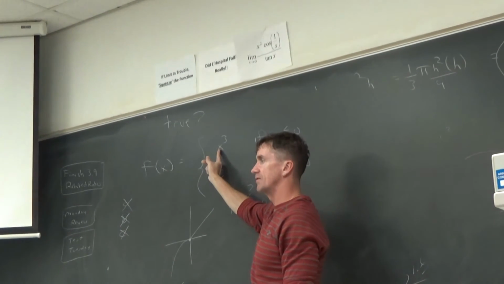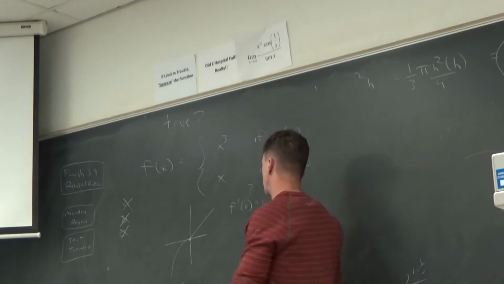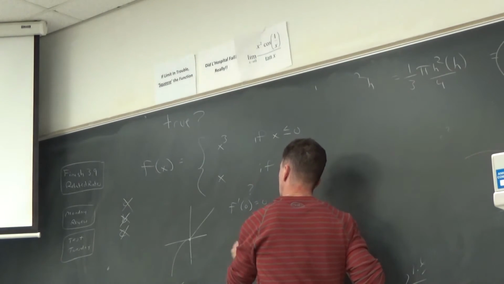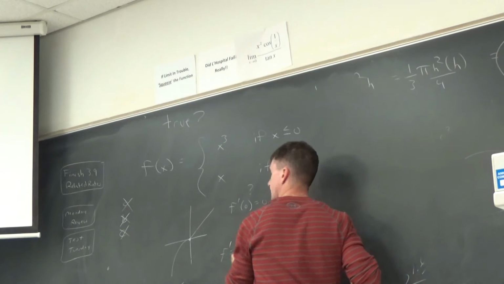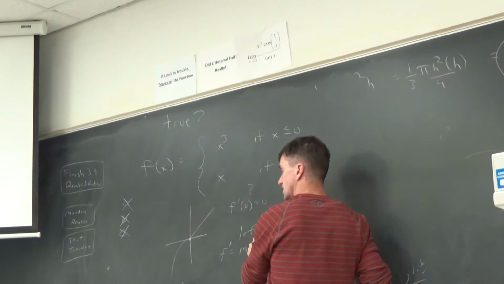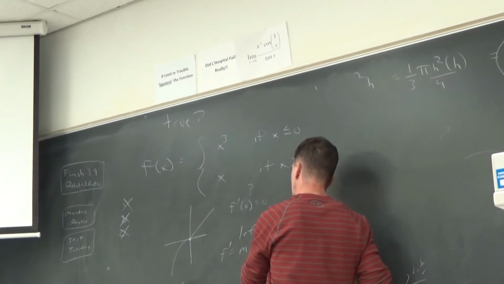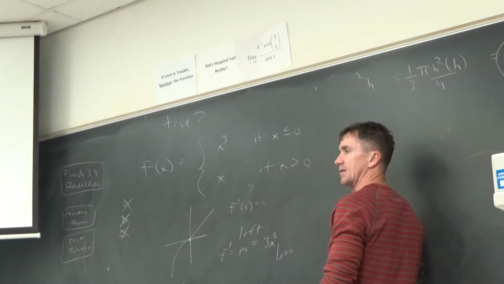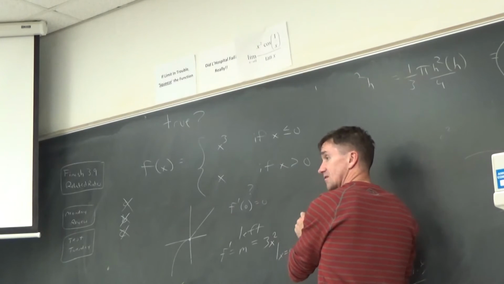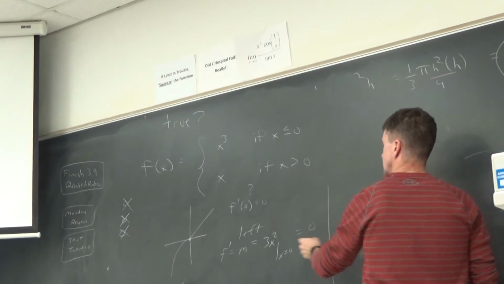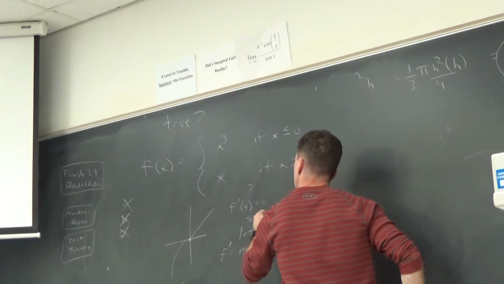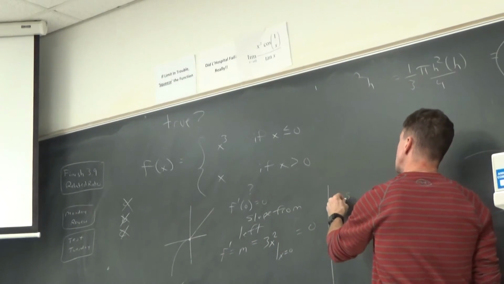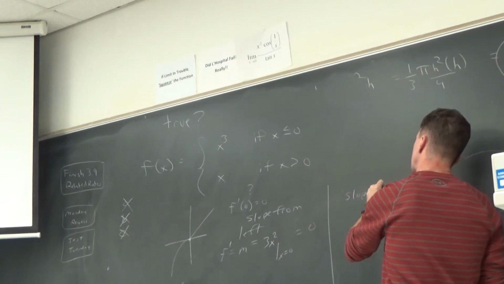All right, what is the derivative from the left? 3x squared. So from the left, the slope, f prime, is 3x squared. Now you've got to plug in the x value, which is what? x equals 0. What's the slope from the left? 0. Okay. And what is the slope approaching from the right? 1.